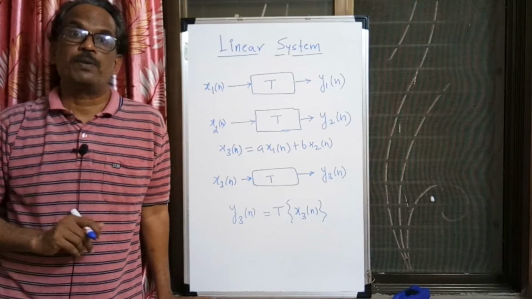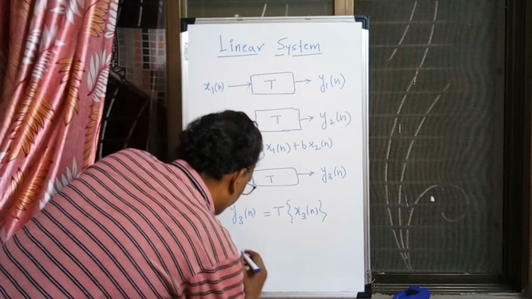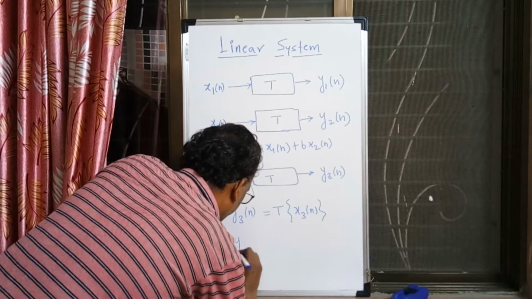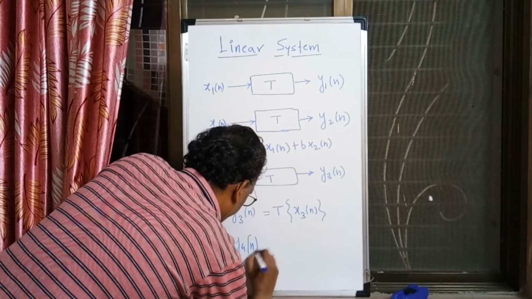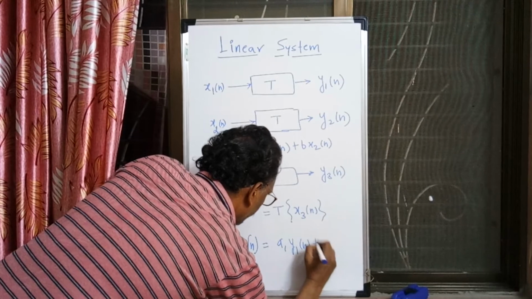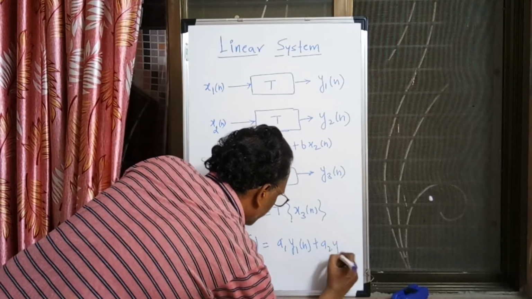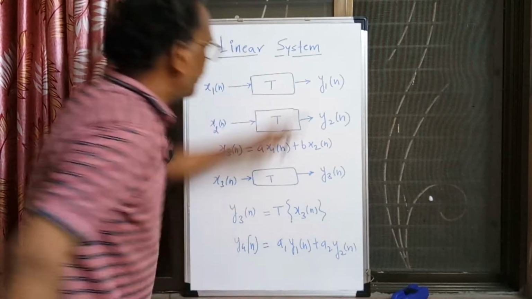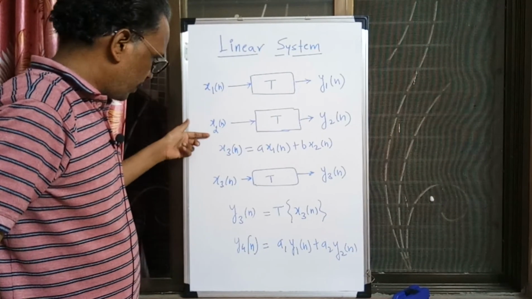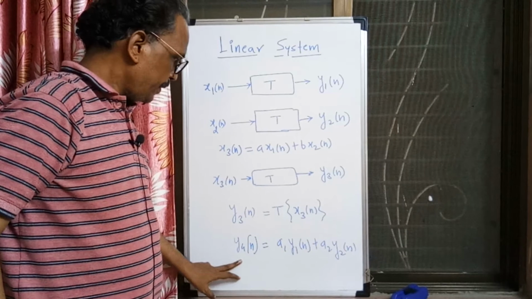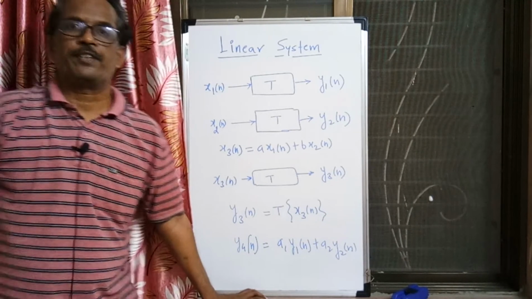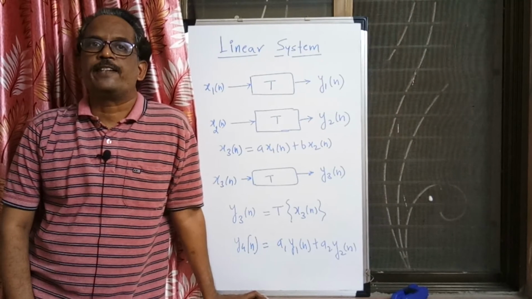the linear combination of outputs. Let us say y4[n] is the output which is the linear combination of outputs to the individual inputs, that is, a linear combination of outputs y1 and y2 for the inputs x1 and x2. If this y4[n] and this y3[n] match, then we can say that the particular system is linear.